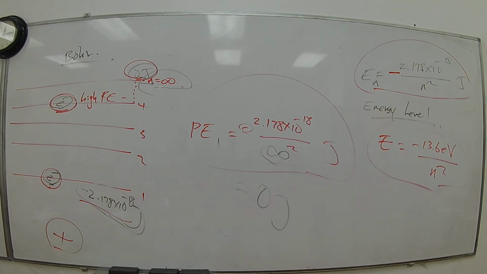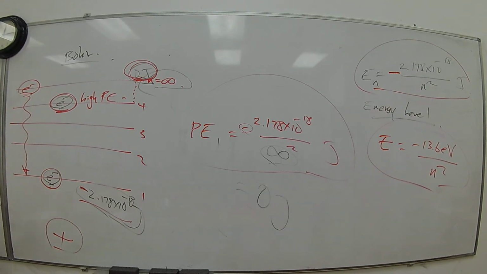So 0 is a bigger number than a negative number. That's how the potential energy is being distributed based on Bohr's equation. So now what he's proposing, or based on what he did, is if I have an electron drop from infinity down to the first principal energy level, which means the electron lost potential energy.